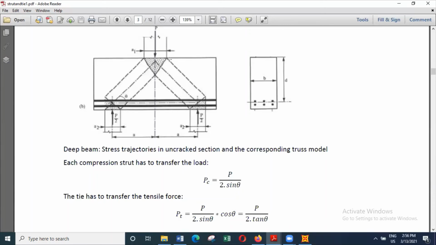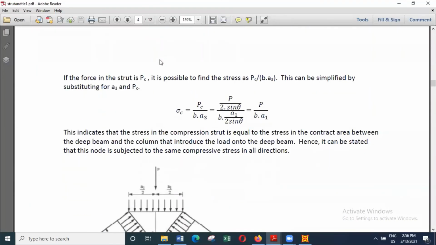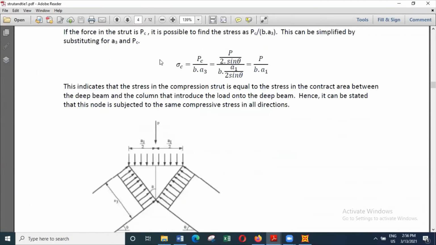And we say that if the stresses are equal in all directions, then it's like a place where you get hydrostatic pressure. When you have hydrostatic pressure, the pressure is equal in all directions.